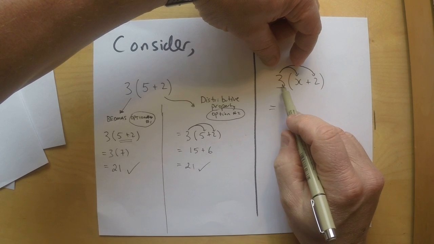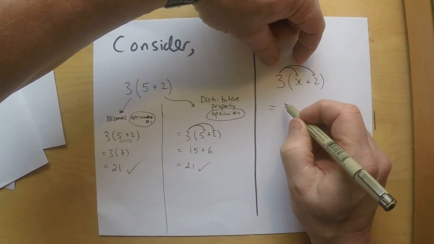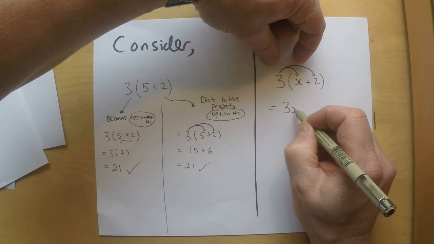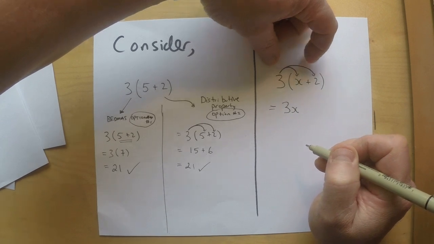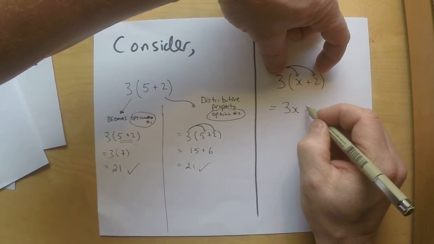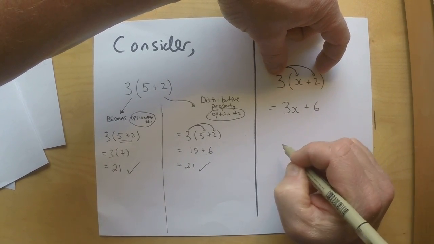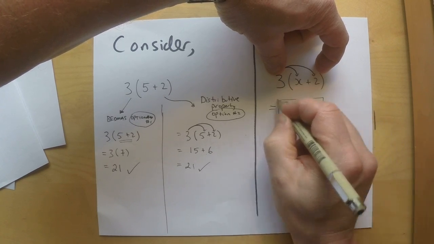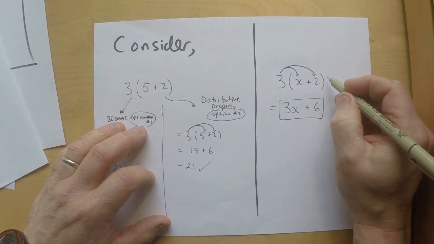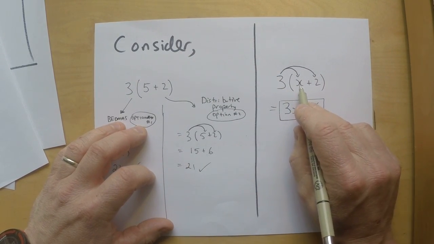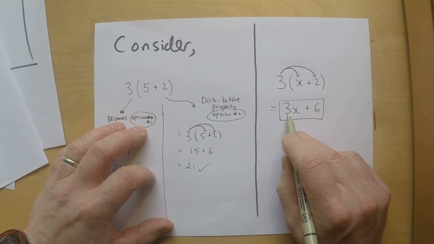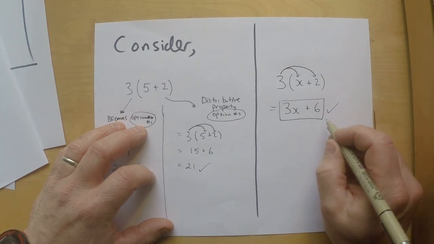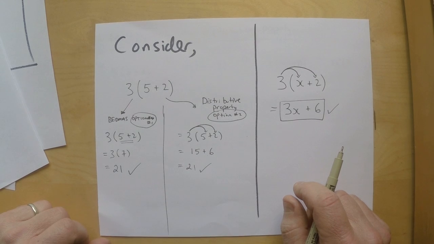So you would end up with 3 times x, which would be your multiplying rules that you did earlier, which is 3x, and then 3 times positive 2, which would be positive 6, and that would be your answer. So 3 times x plus 2 in brackets, distributed becomes 3x plus 6, and that's what your distributive property is.